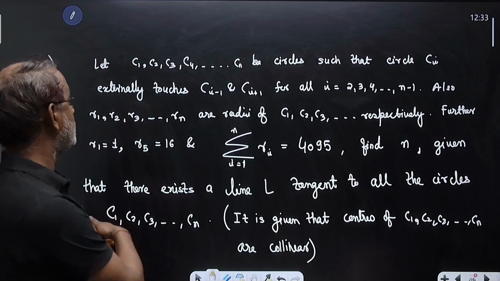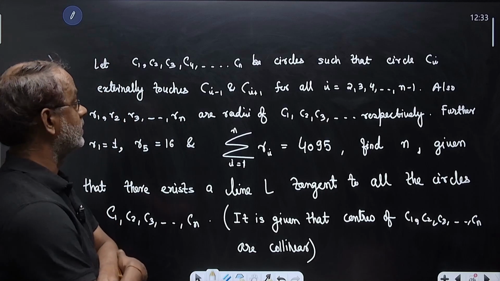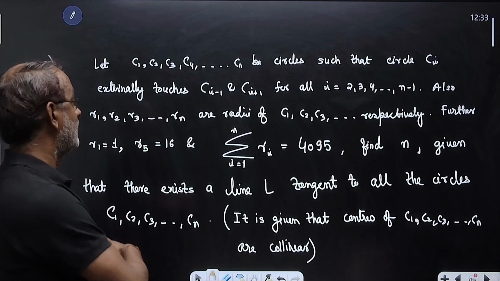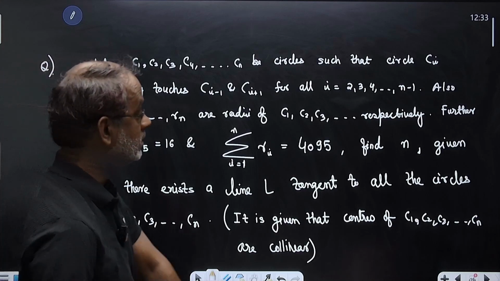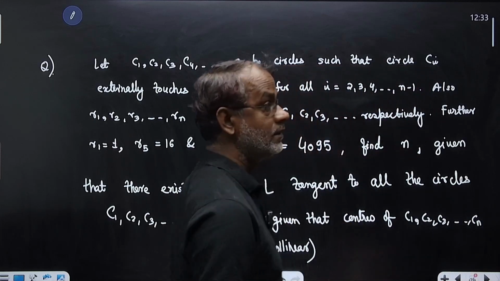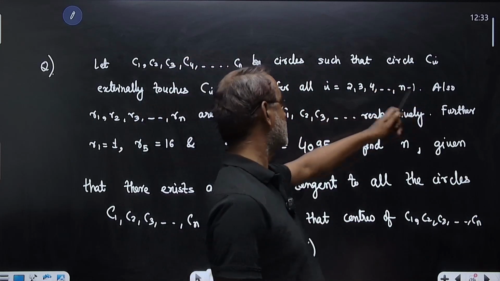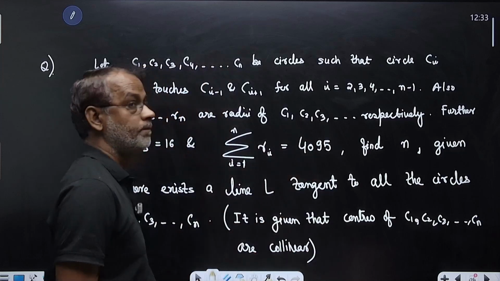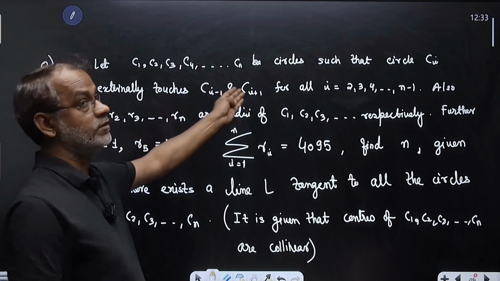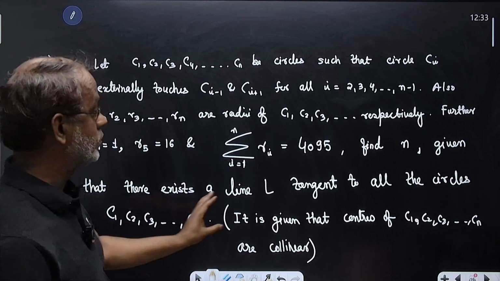Let C1, C2, C3, C4, ..., Cn be circles such that circle Ci externally touches Ci minus 1 and Ci plus 1. So C2 touches C1 and C3 externally, C3 touches C2 and C4 externally, C4 touches C3 and C5 externally, and so on.